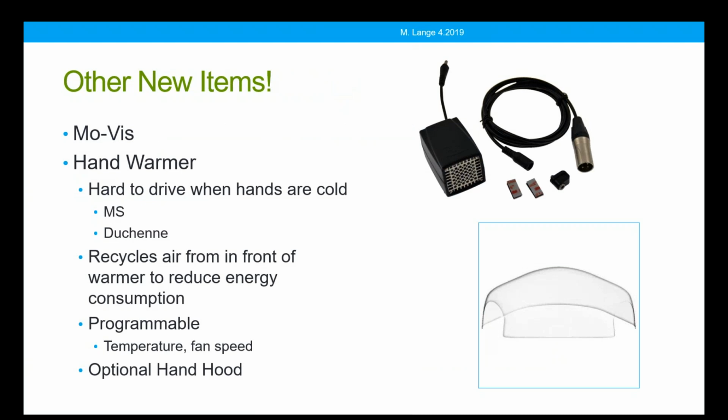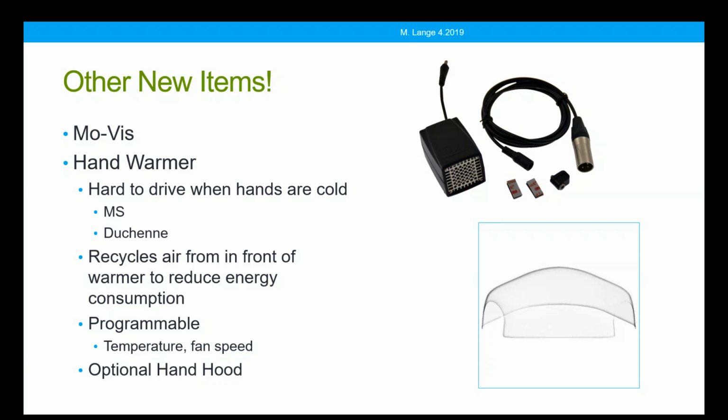Again, for some clients with certain medical conditions, it's very difficult for them to use their hands if it is cold. So depending on the conditions where this person lives, the weather, if they're driving outdoors, this might place them in a position where they can't drive some of the day. So this hand warmer provides warm air around the joystick to continue driving.